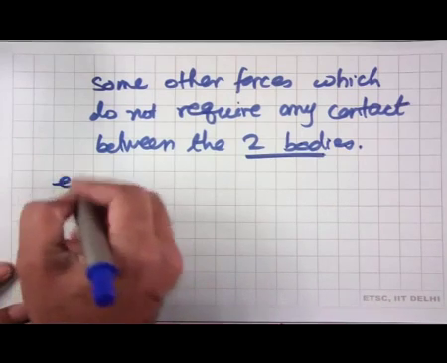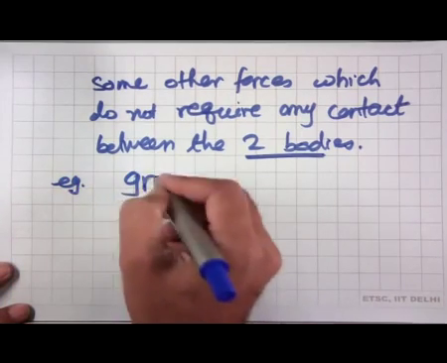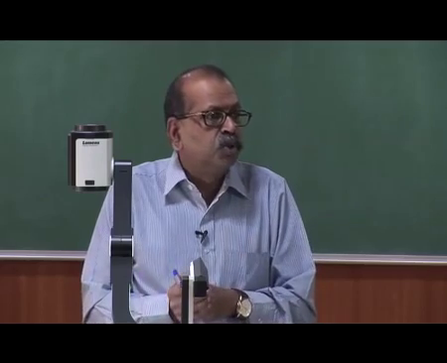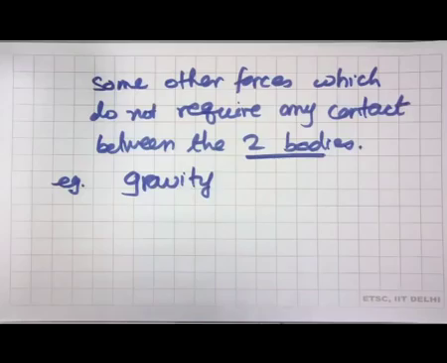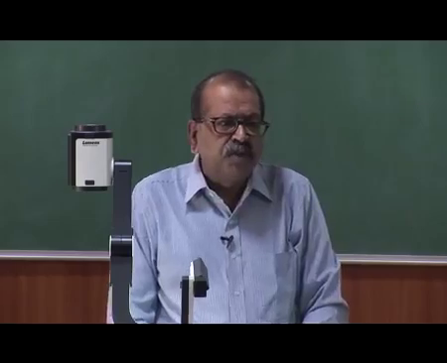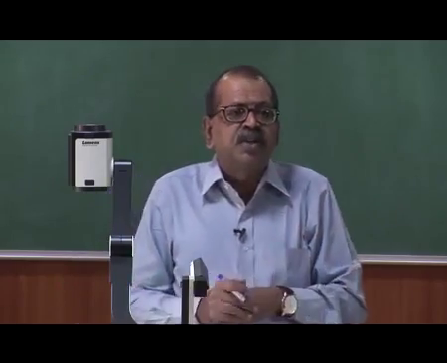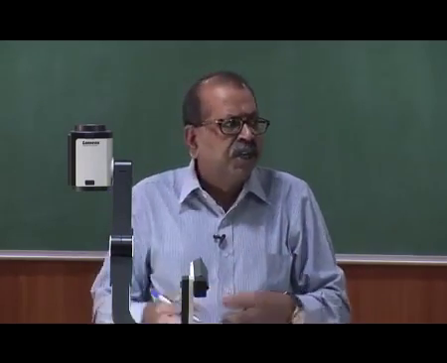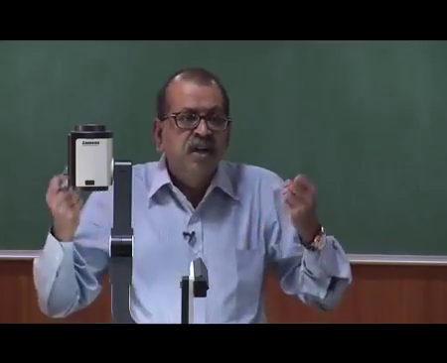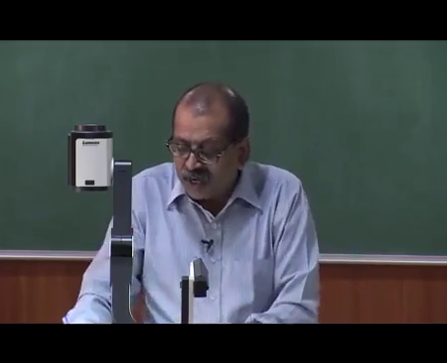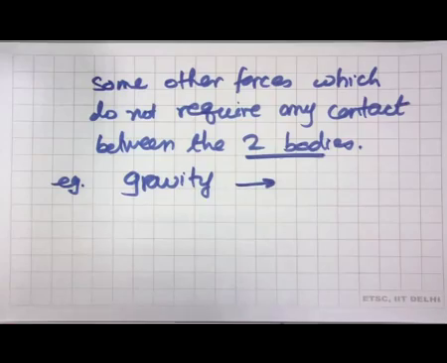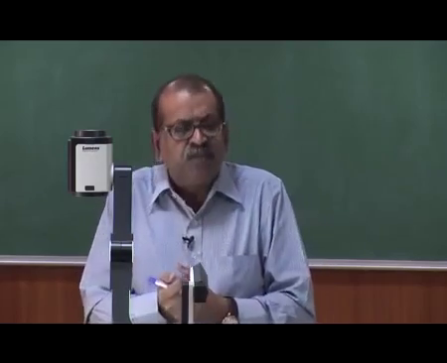Example of this, as I had already illustrated, the first example is the force due to gravity, and we looked at it in the sense of a body being pulled toward the surface of the earth, but Newton also generalized it to the universal law of gravitation. If there are any two masses, they exert a force on each other even when they are not close to each other, and here, as we will see, I am just speaking in a very qualitative way right now.